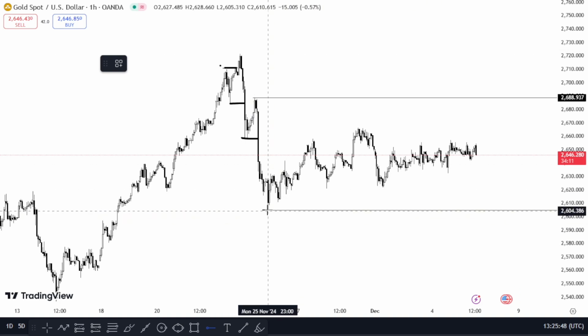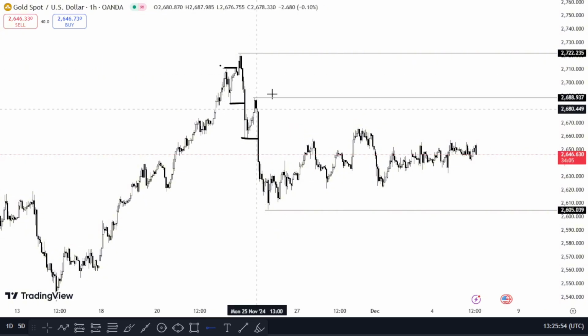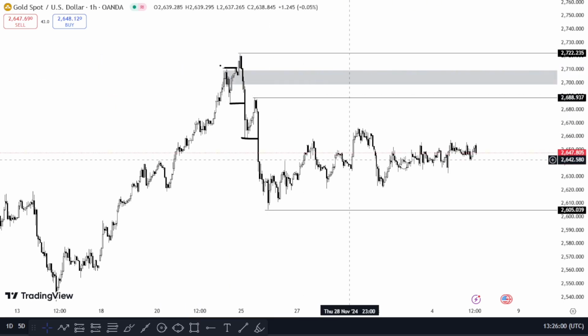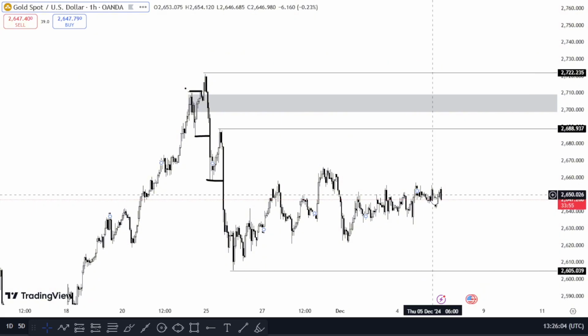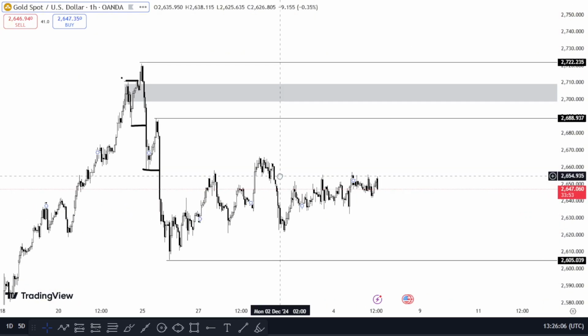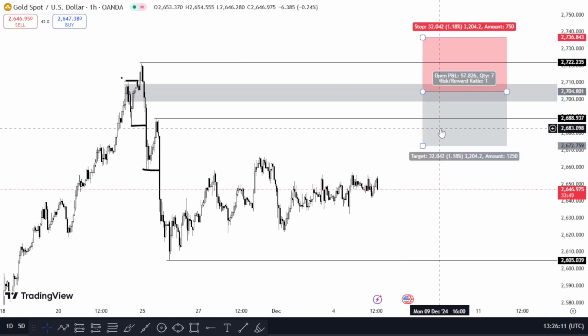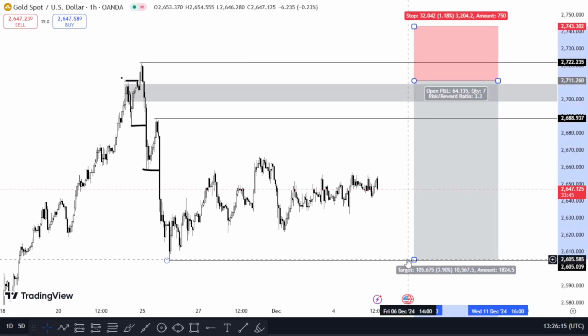This becomes my protected low, this becomes my protected high, and this area right here is my structural liquidity. What is structural liquidity for? It's meant to be taken out. So whenever the market gets there, I'll sell and then take my profit down here.